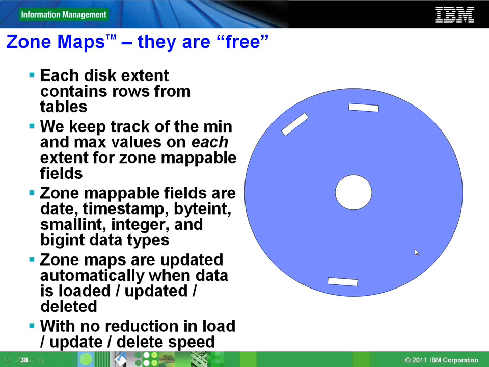So what do zone maps do? Zone maps keep track of minimum and maximum values on each extent. And minimum and maximum values are kept track of only for zone mappable fields, right?